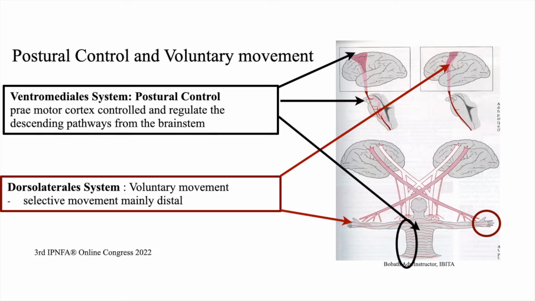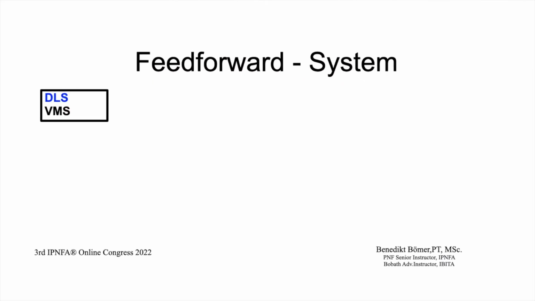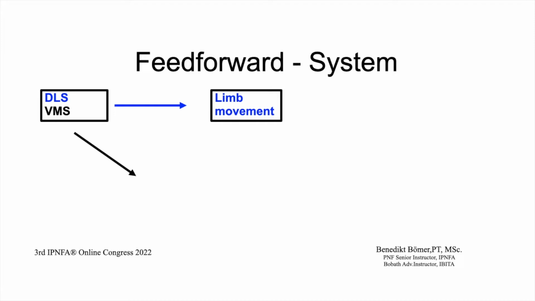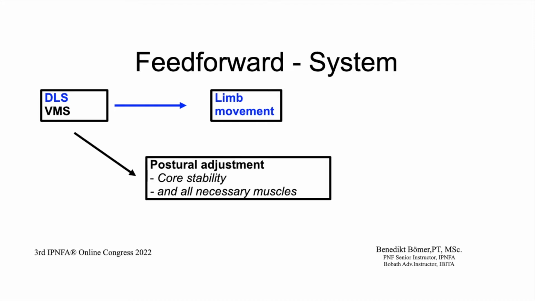So we need a system which provides posture stability before I move. And this is the so-called feed-forward system. As I said, for the feed-forward system we need the dorsolateral system and the ventromedial system. If I want to move my limb, I have to activate 100 milliseconds before our core muscles and all muscles which are necessary so that they can hold me against gravity force.